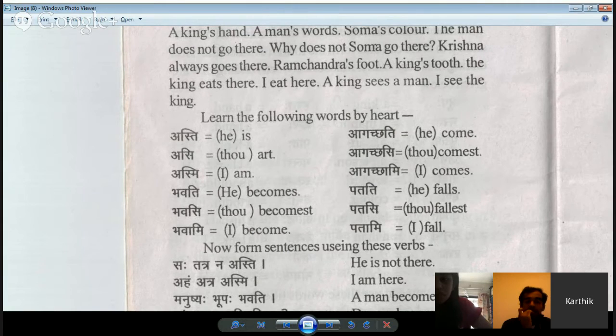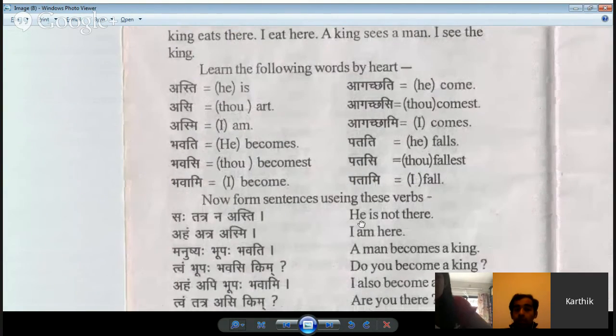Gachami, Asmi. It is the verb for is, I am, you are. And Bhavati, Bhavasi, Bhavami. It can also mean I am, you are, but it also can mean I become, you become, and so on. Then you have Agachati, Agachasi, Agachami, which is he comes, you come, I come. Then Patati, Patasi, Patami. He falls, you fall, I fall. Pat is for falling.